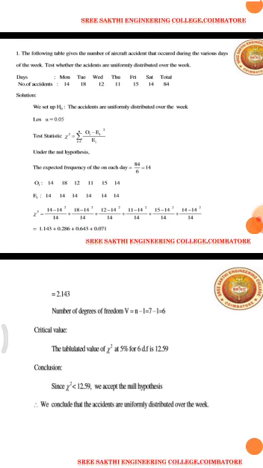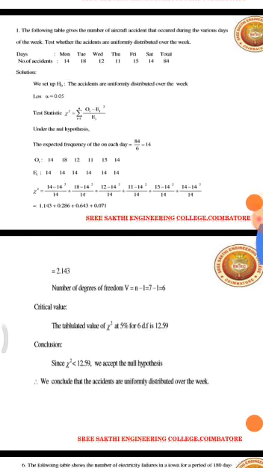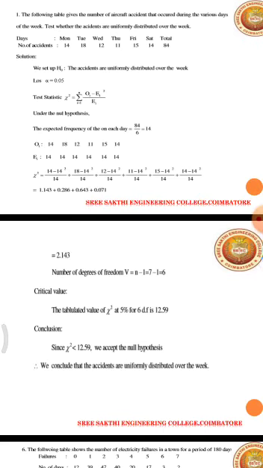Degree of freedom v equal to n minus 1, that is 7 minus 1, which is 6. The tabulated value of chi-square at 5% for 6 degrees of freedom is 12.59.